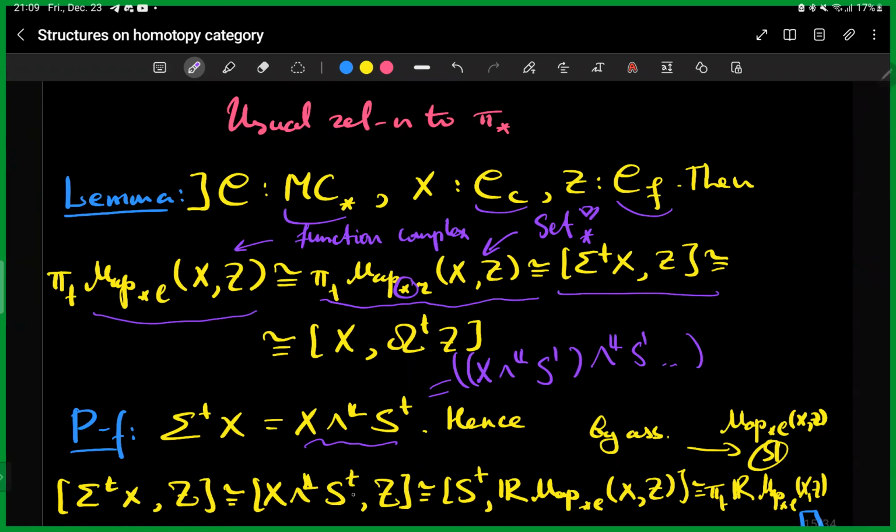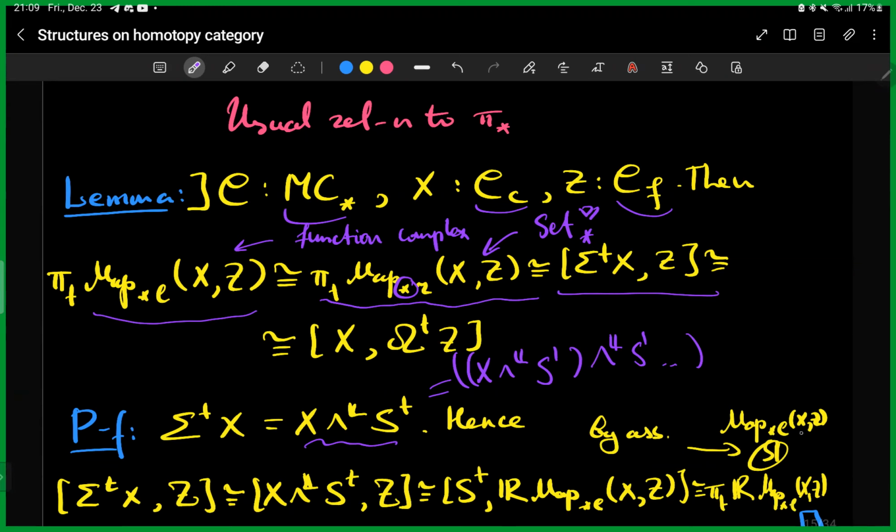So we replace the suspension with this smash product. Then we use tensor hom adjunction to replace this set with this set. And then we just see by definition that this is PT of the derived mapping space.